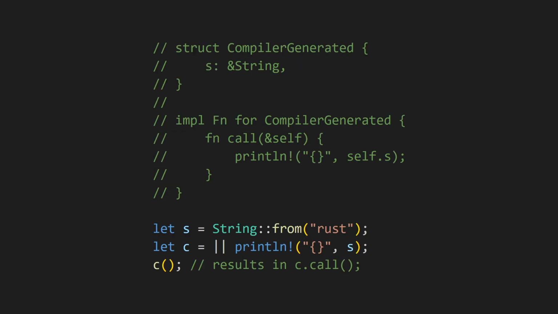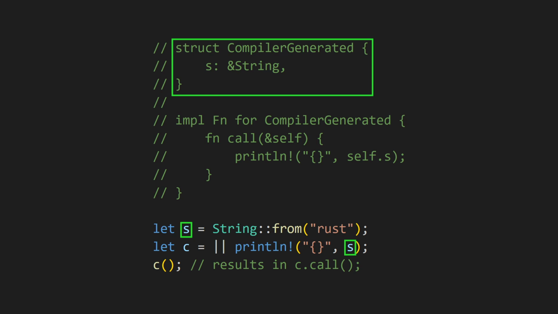This code demonstrates a simplified model of how the compiler implements a closure that captures a value by immutable reference. The compiler sees that it needs the value of s for the closure, so it creates an internal struct containing a field to capture s. It captures s with the minimum access that still satisfies the closure usage.